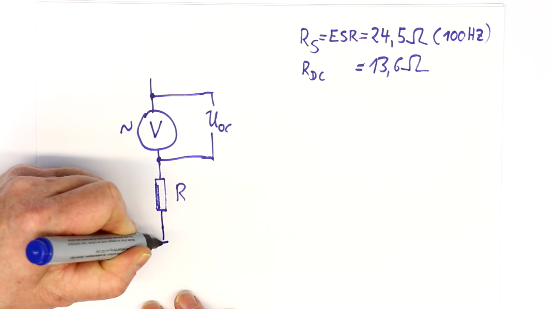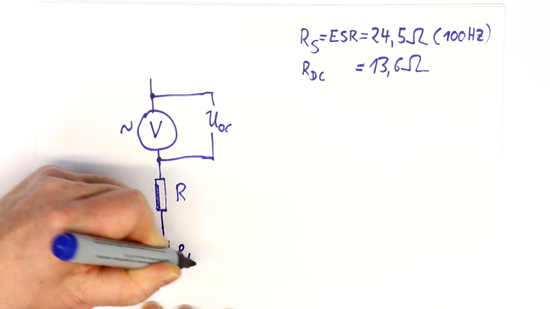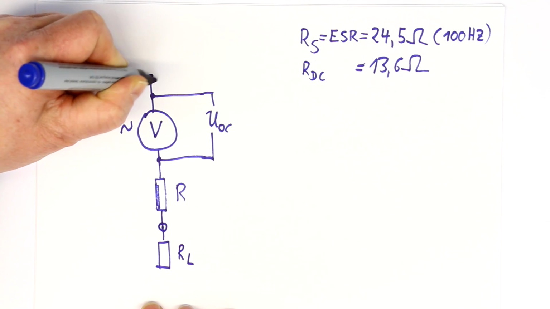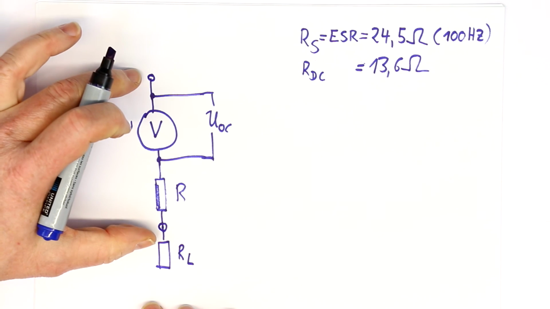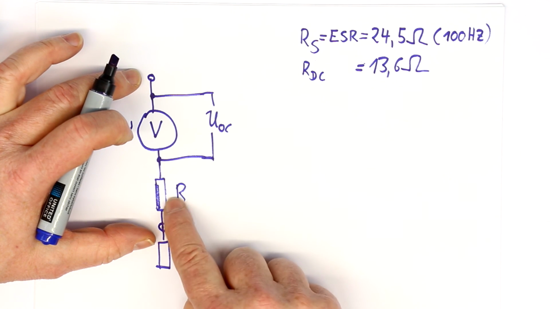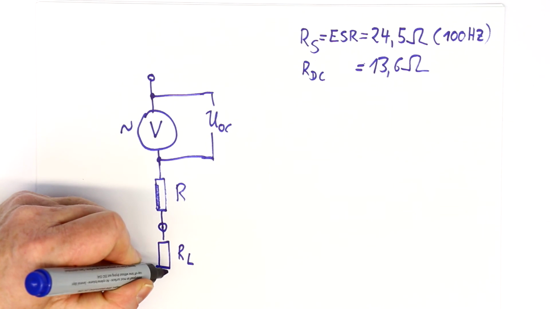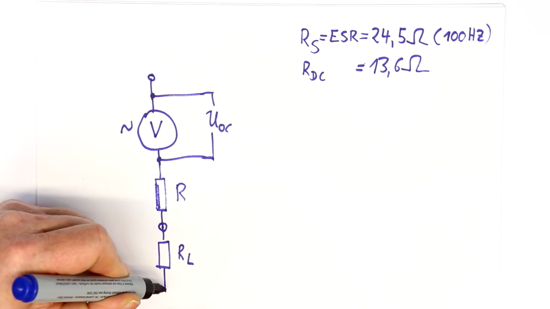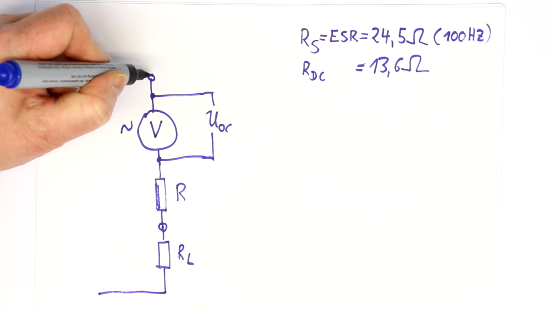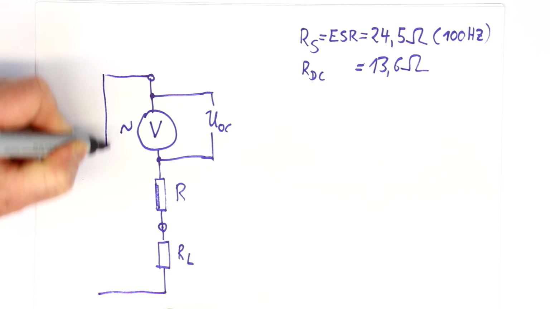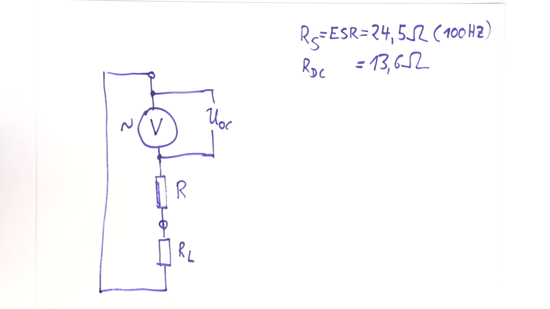And then on the output we have our load resistor. So here are the two terminals of the winding, a voltage source in series with a resistor, and on the output we have a load, and the upper side is of course connected here that way.